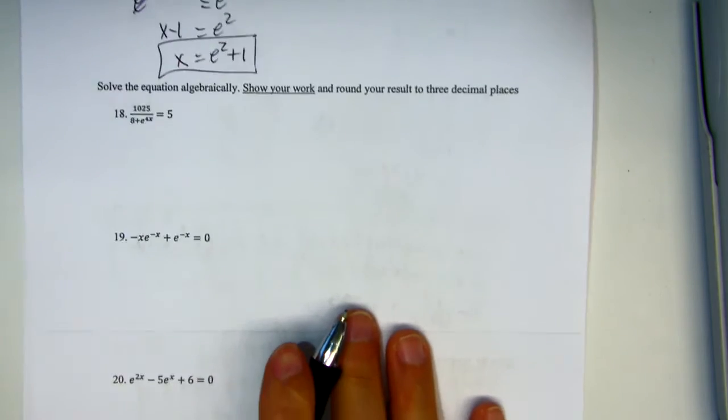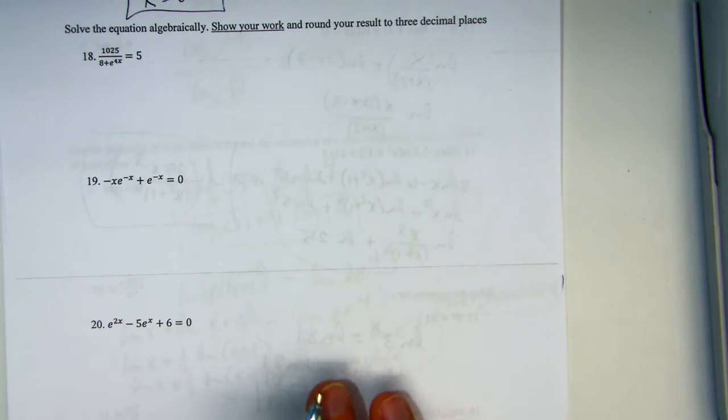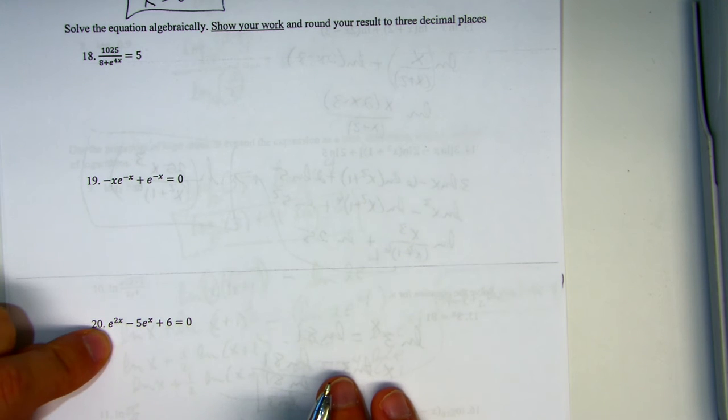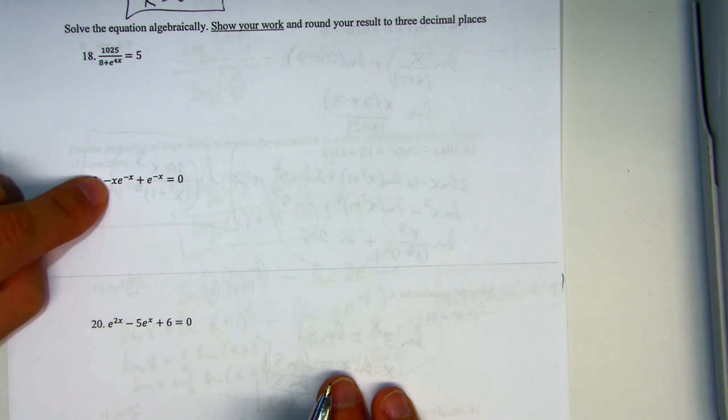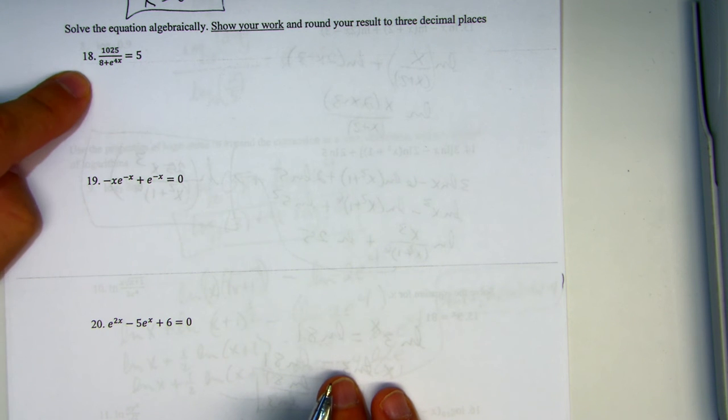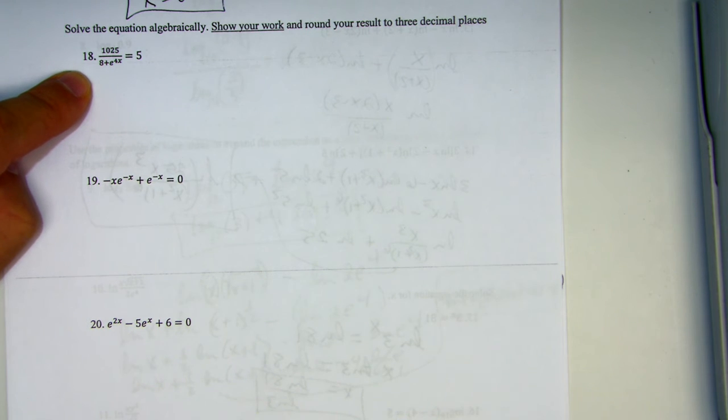Okay. Now, we did this one in class, and it's similar to this. This one was a little bit more complicated, but it was still within our means. It's just algebra. You do your algebra trying to solve for x, then you get to the point where x is in the exponent, and then you have to use your logs, and you finish with algebra. So I'll show you.